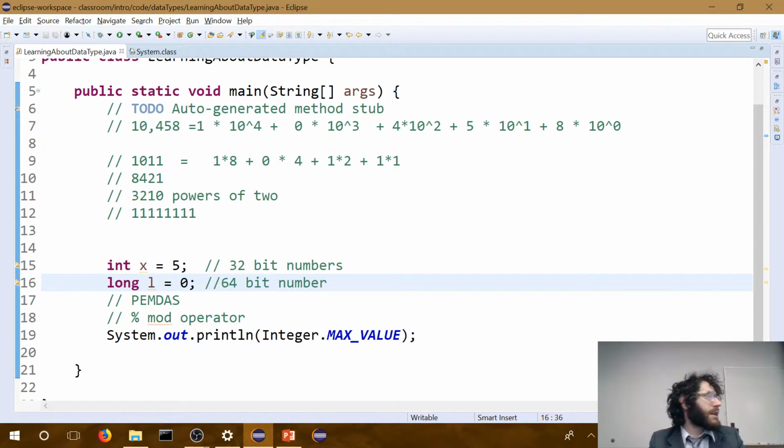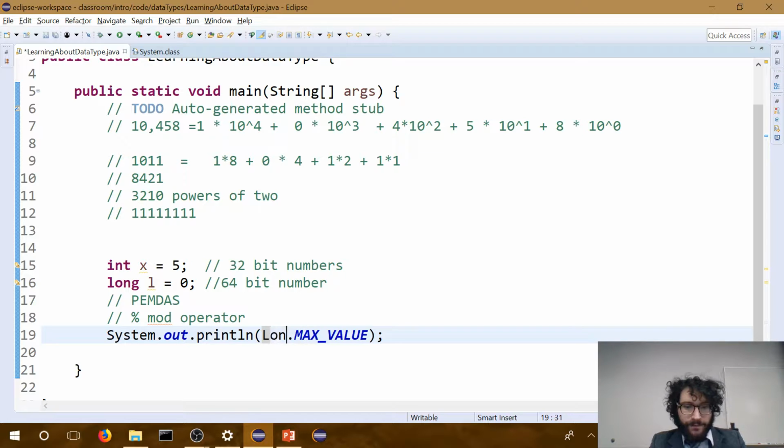So this doesn't hold twice as much. It has twice as many bits. So we're talking 1 bit used for positive and negative still, and then we have 63 bits as opposed to 32 bits, which really makes this a really big number.